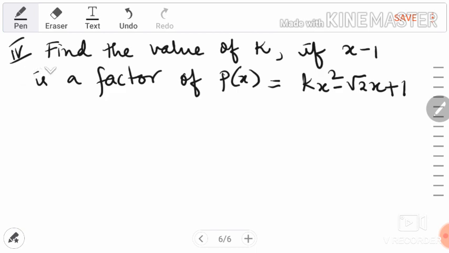Problem 4 is slightly different problem than the ones we were solving earlier. Find the value of k if x minus 1 is a factor of the given polynomial. So far, what we were doing is finding p of a and showing it equal to 0, and then implying that x minus a is factor.